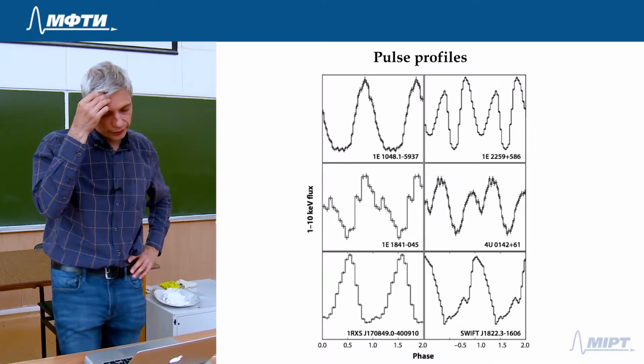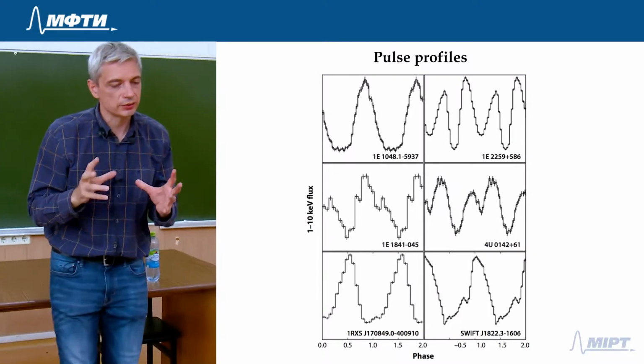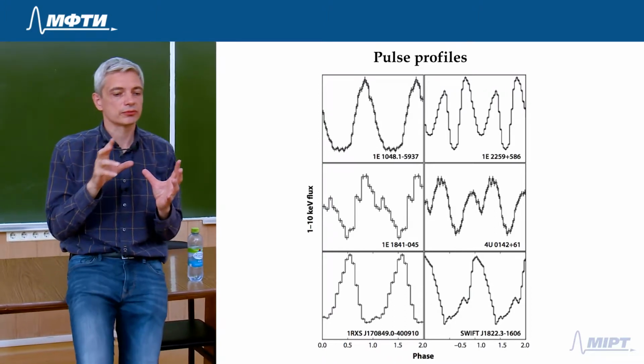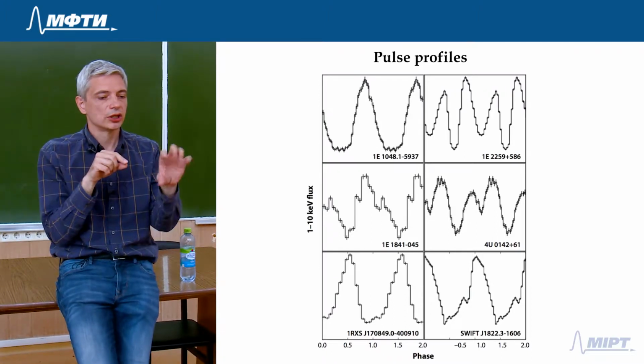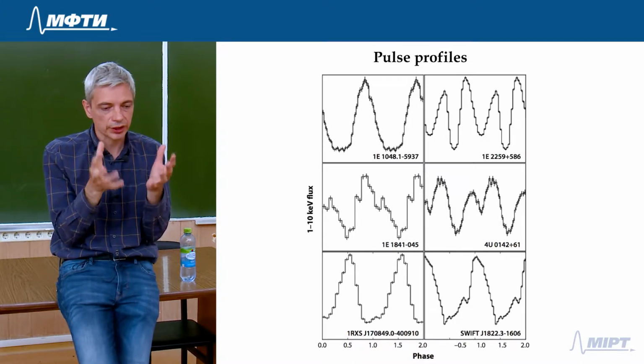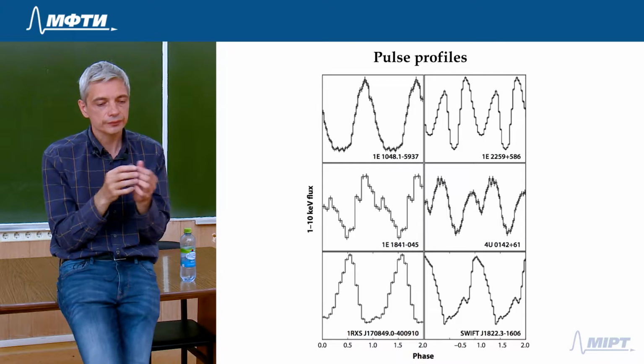Just to give you some more information, these are quite amazing beasts that have an interesting life. They're pulsating, of course, the way you see pulsation in X-rays, and they were discovered in X-rays, and the main energy output is in the X-ray band.